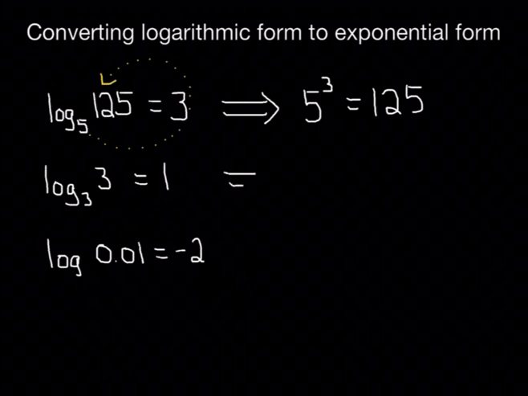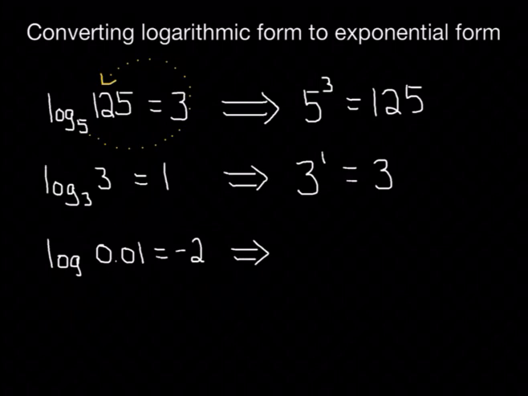In the next one, again, it is read the log of 3 in base 3 is equal to 1. This would be 3 to the first power is equal to 3. And this last one down here, you might be thinking, oh no, there's not a base. If there's not a base, it's called a common logarithm.